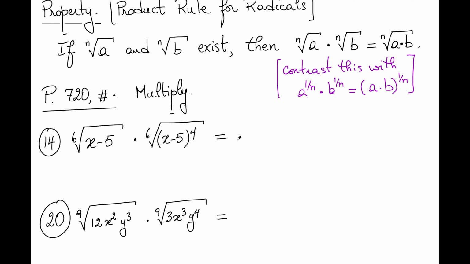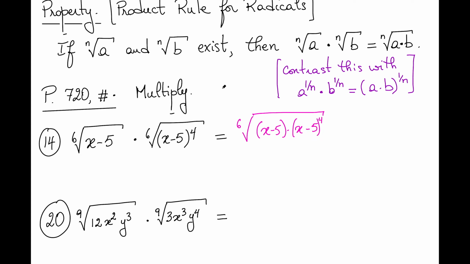So you have an equality. So this becomes the sixth root of x minus 5 to power 1 times x minus 5 to power 4, right?